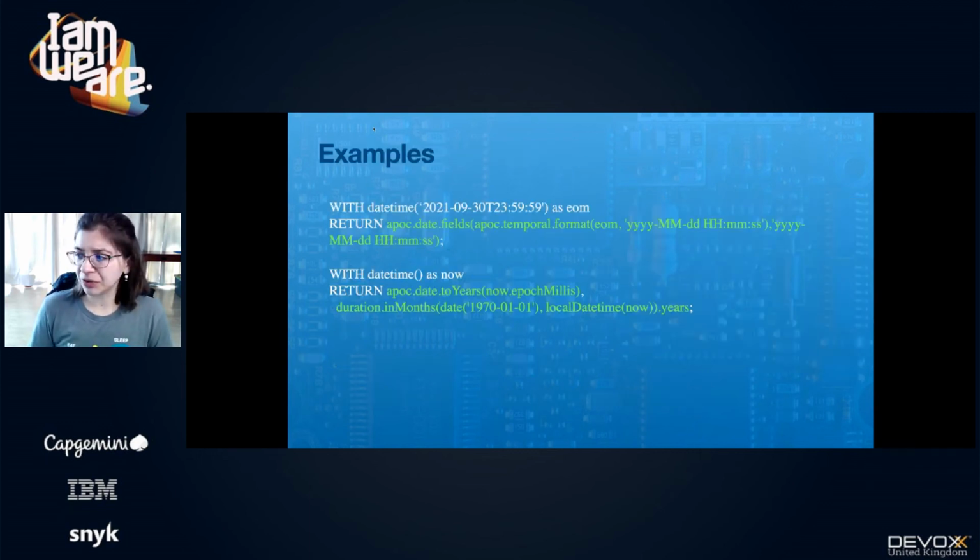Okay, so very quickly, some more APOC things: you can output your date fields or your components as a map. This is not something that Cypher currently does, so that's only available in APOC. The other thing is the apoc.date.toYears function in the lower example.